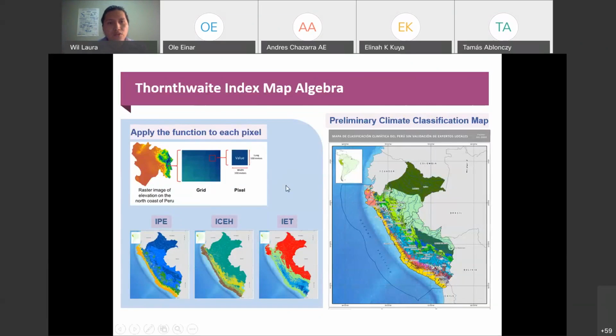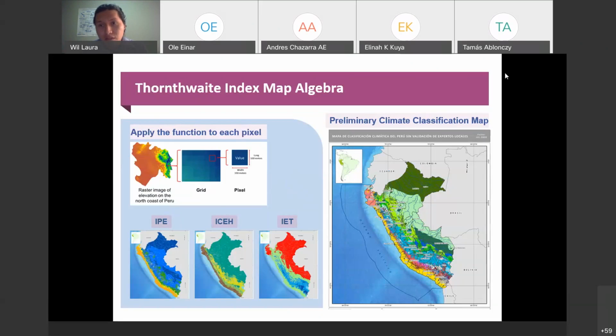Then we apply a technique of map algebra to combine these 3 indexes. And finally, we call it the preliminary climate classification map. Why? Because we know that we have certain limitations in this process.